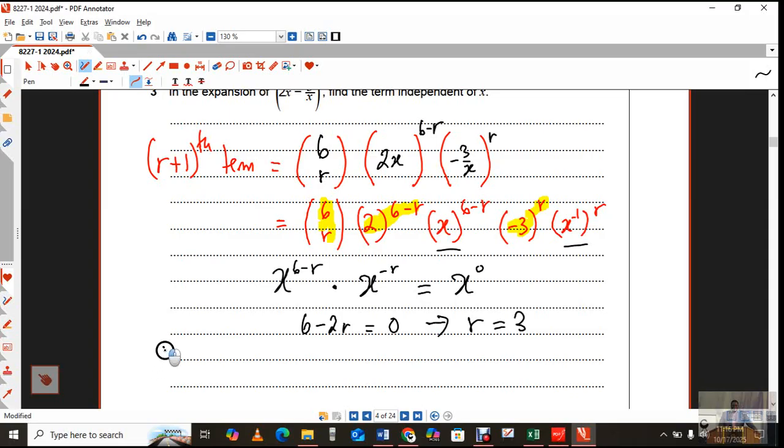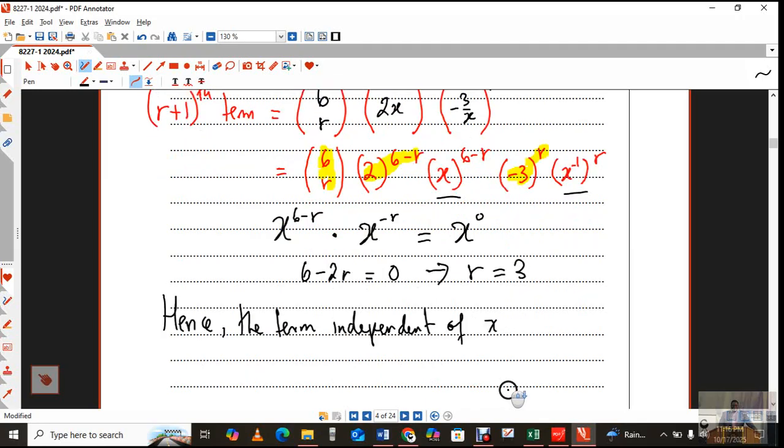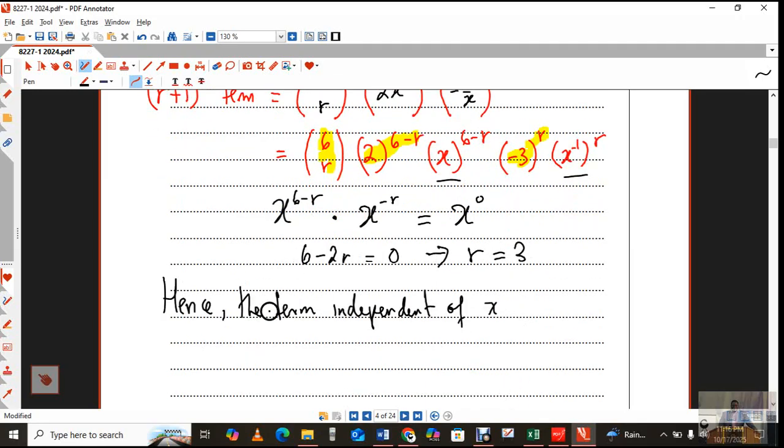So, hence, the term independent of x, a constant term, will be equal to 6 choose 3, multiplied by 2 to the power 6 minus 3, multiplied by negative 3 raised to the power of r, which is 3.